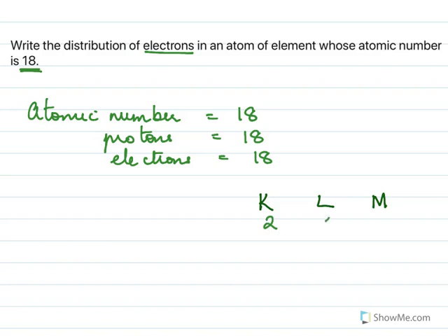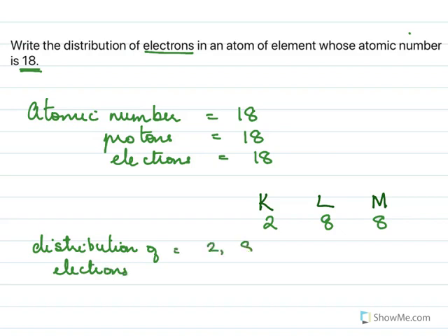We'll put it. So we have 2, 8, 8. So that is the electronic configuration, the distribution of electrons: 2, 8, 8.